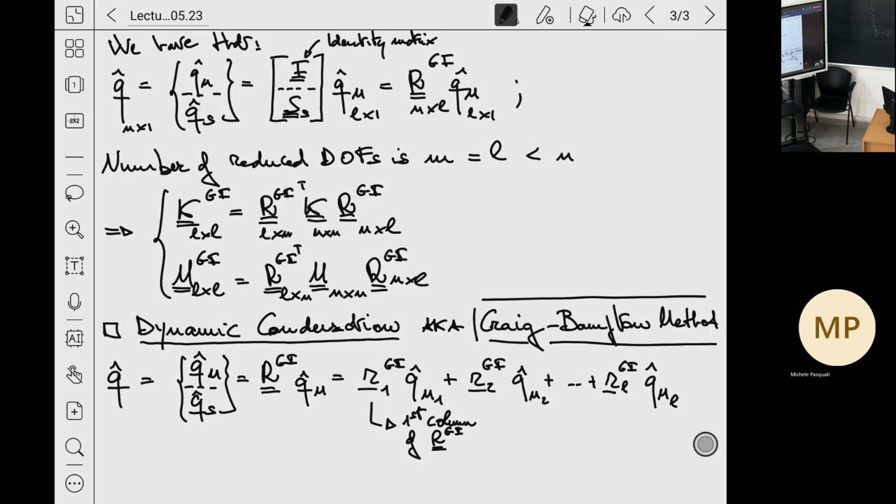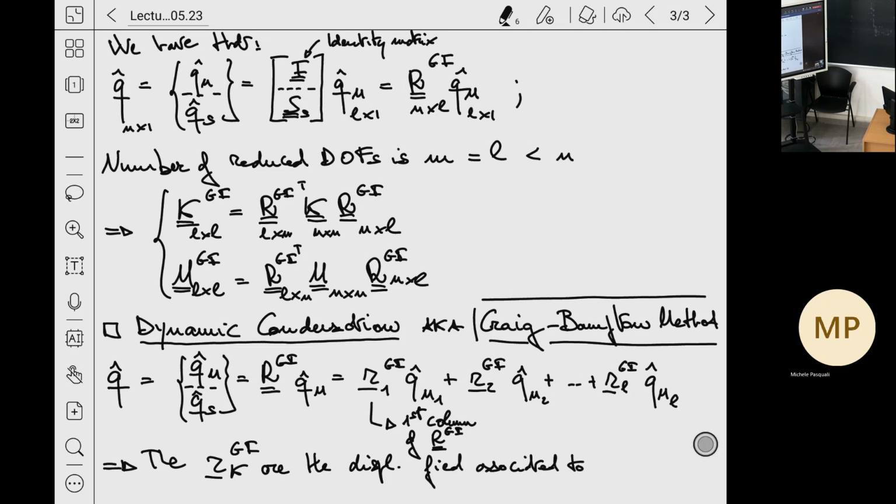So we can think of these as the displacement field associated to Qm k.